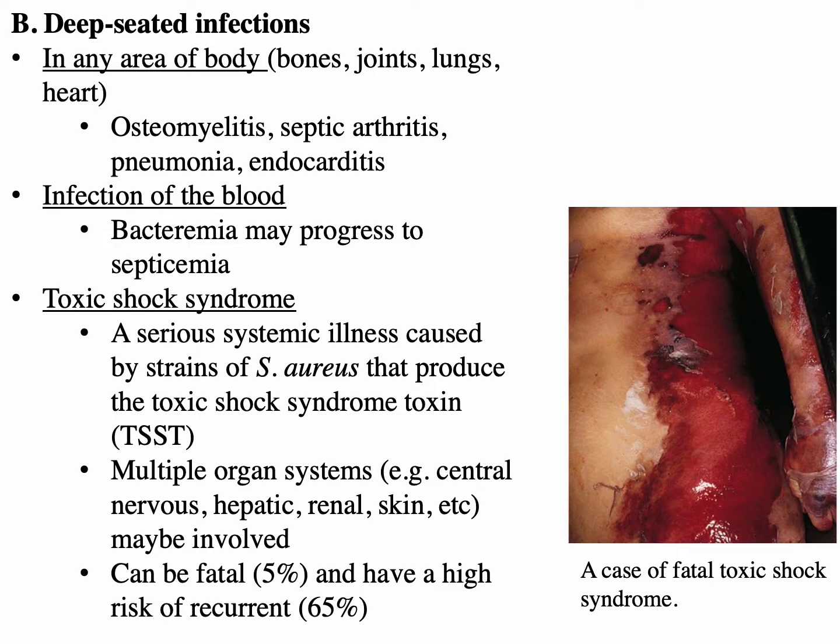So fatal cases are estimated to be 5%, and those who have contracted it will recover, but they have a higher risk of recurrence. Maybe the immune cells have been primed, and then the next time around they'll be quicker and more severe. So those are very severe infections caused by staphylococcus.